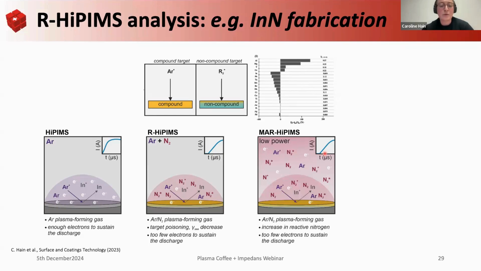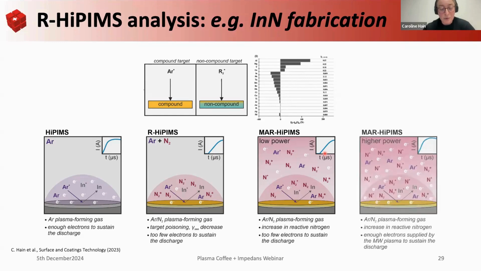So we're creating in the microwave plasma more reactive nitrogen species, which are then able to react even more with our target. And even though it's also a source of electrons, there are not enough present to counterbalance this reactivity. But once we move to much higher powers, then we have a sufficient number of electrons present that we can start the discharge without any problems.